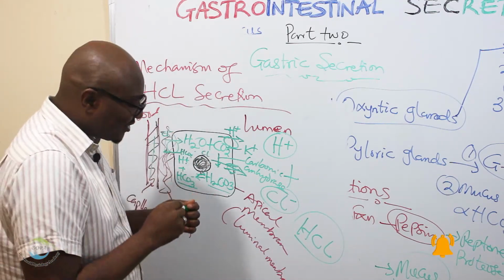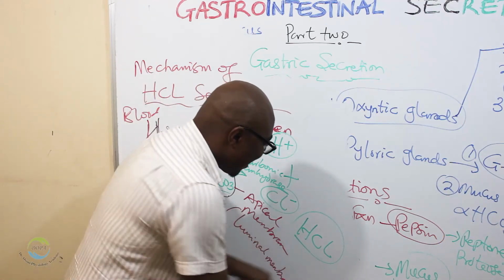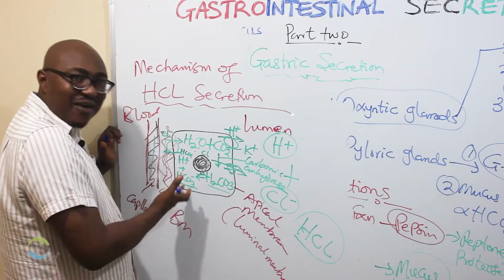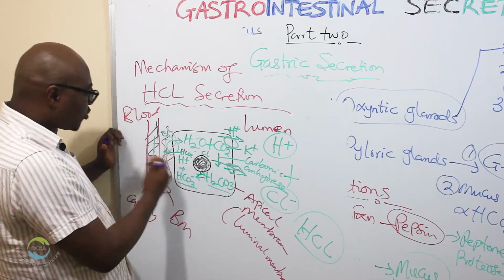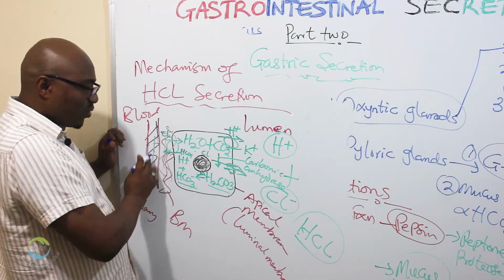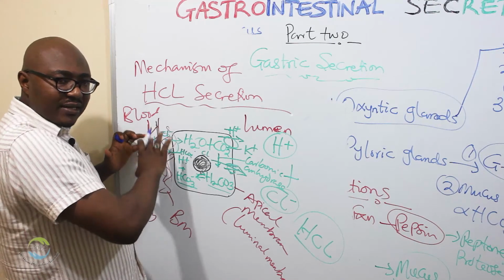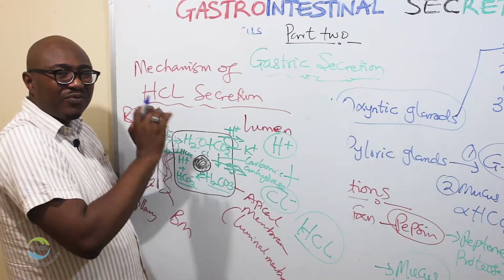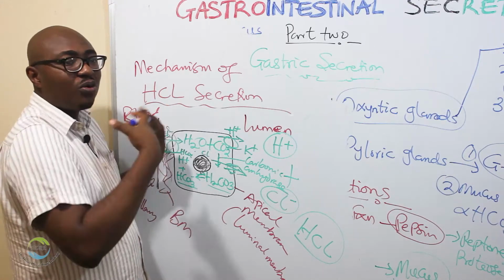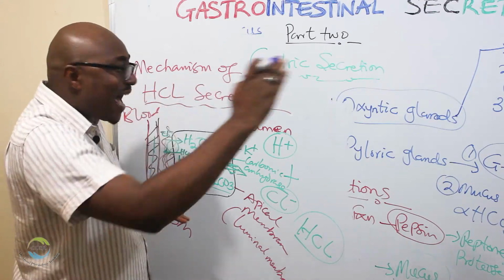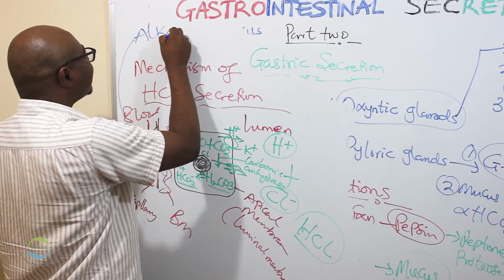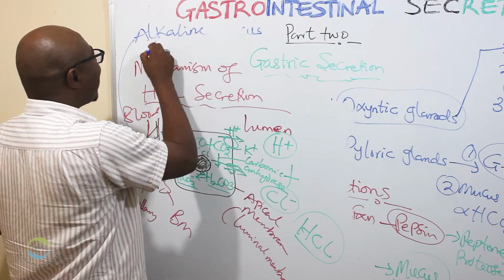And there's something very interesting that also happens, which is that this bicarbonate is alkaline, okay? So a lot of it enters into the venous blood of the stomach. That makes that blood very alkaline. It is called alkaline tide.